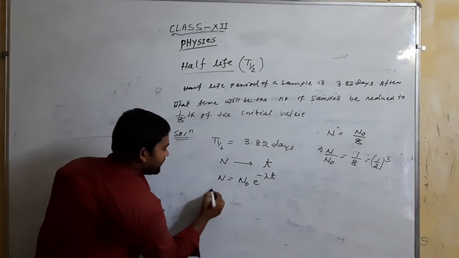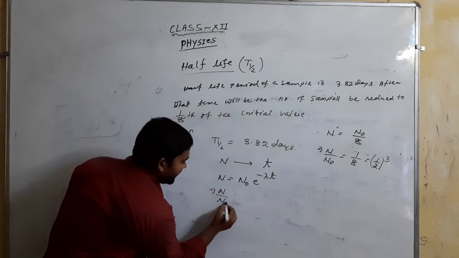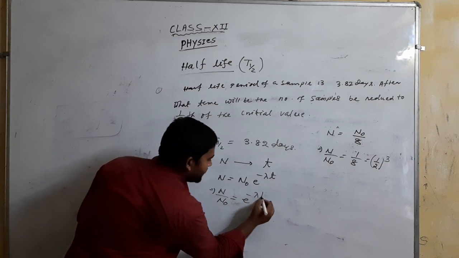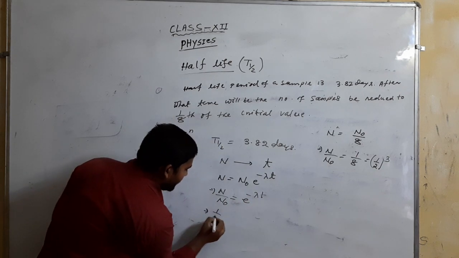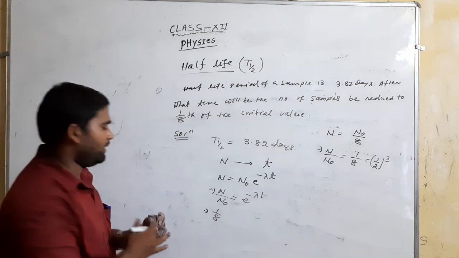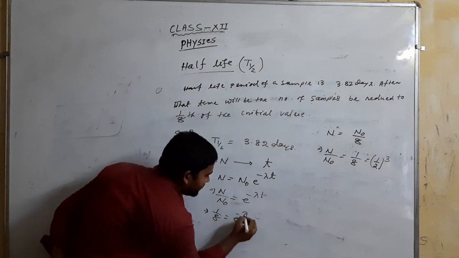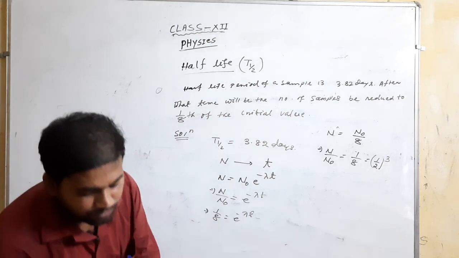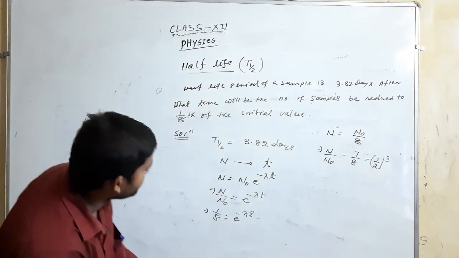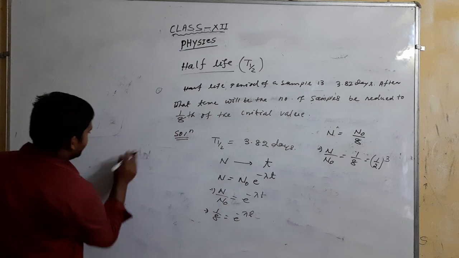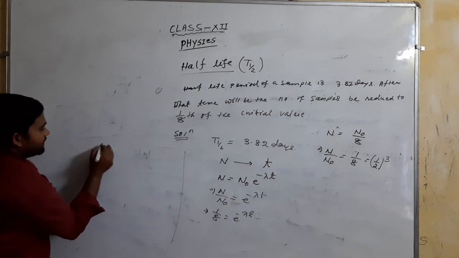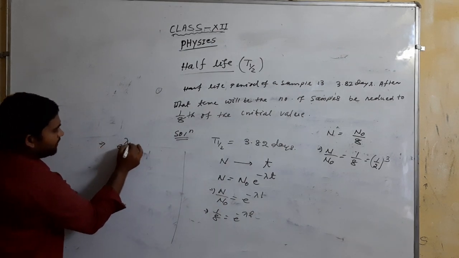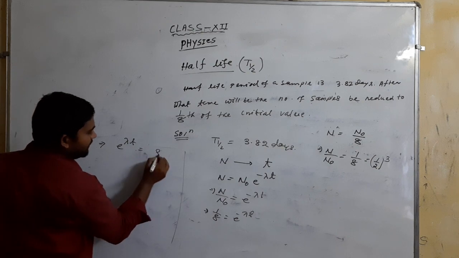Now replace N by N naught equal to e to the power minus lambda t. So 1 by 8 equals e to the power minus lambda t. Removing the negative sign, e to the power lambda t equals 8.